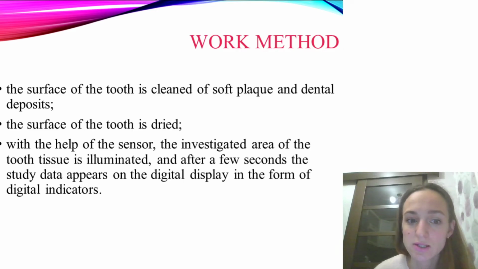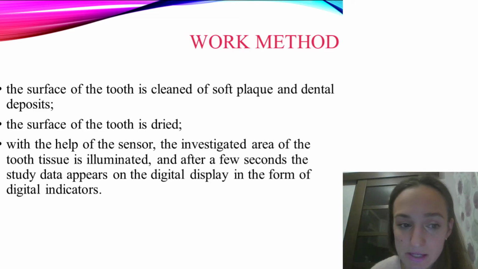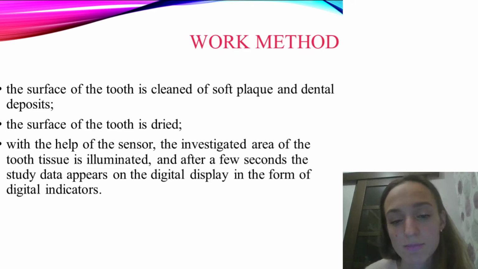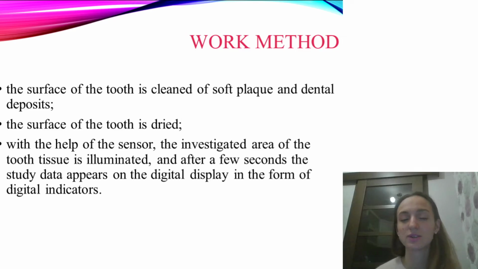Work method. The surface of the tooth is cleaned of soft plaque and dental deposits, and then dried. With the help of the sensor, the investigated area of tooth tissues is illuminated, and after a few seconds the study data appears on the digital display in the form of digital indicators.